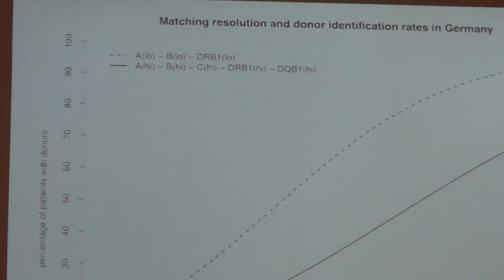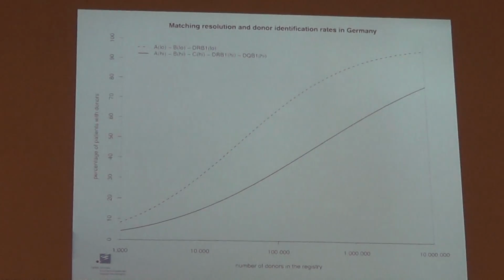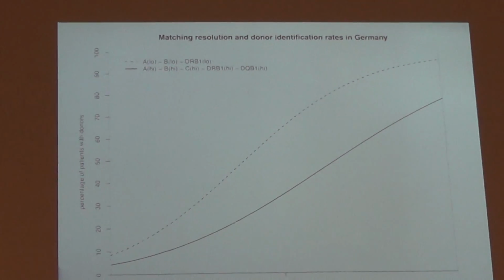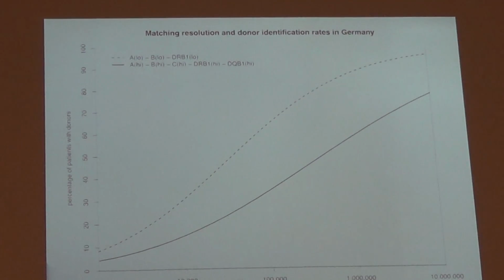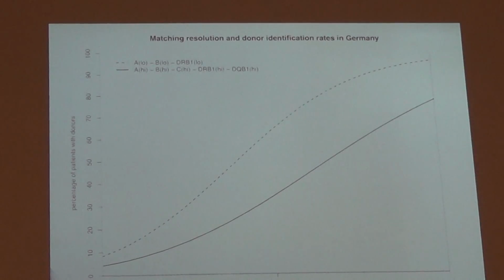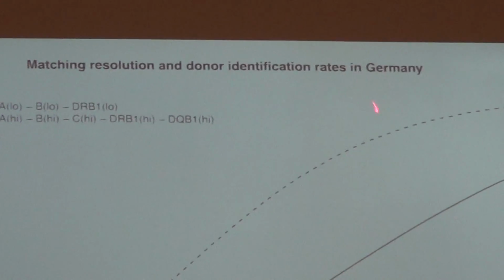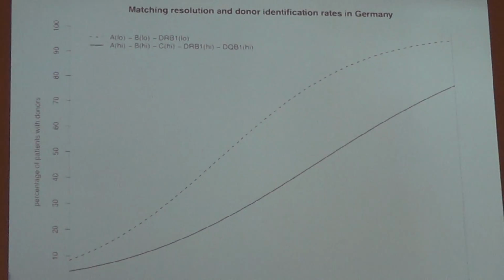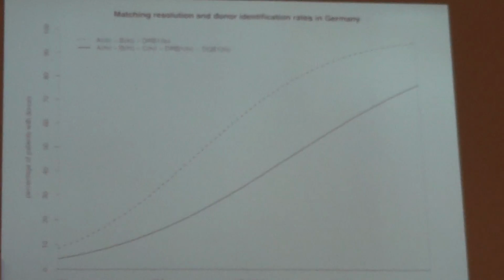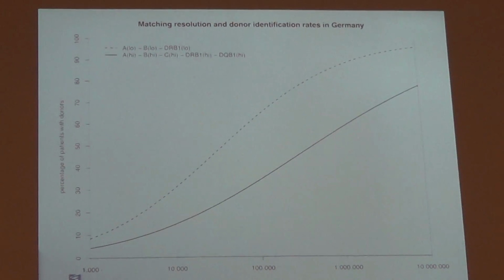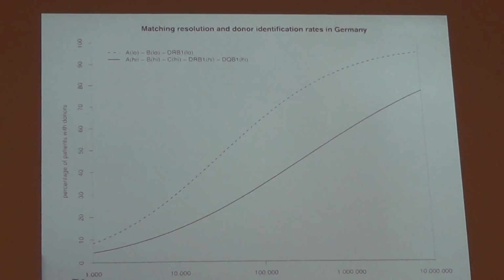I now want to take a different point of view. The graphs I've shown you so far were on different populations. The next few graphs I'm going to show you are on the German population, but analyzed at different typing resolutions. The top line here is roughly where we came from. It's A, B, DRB1, generic resolution DNA typing.